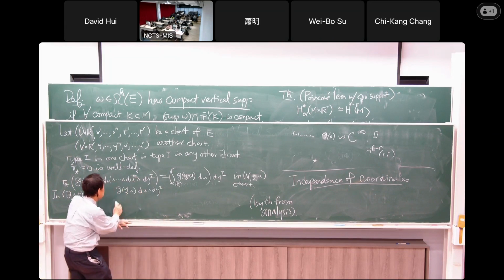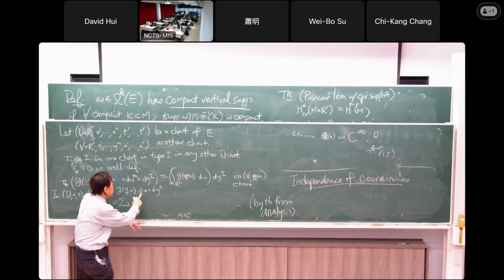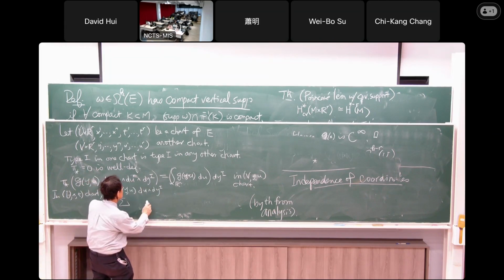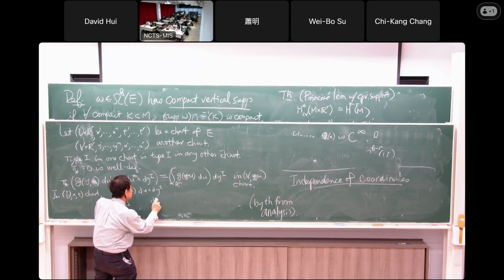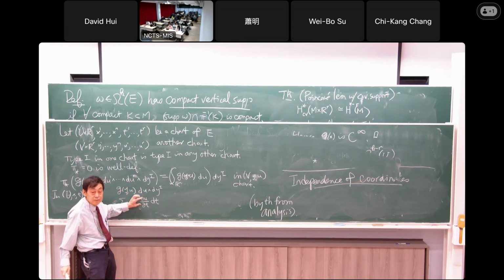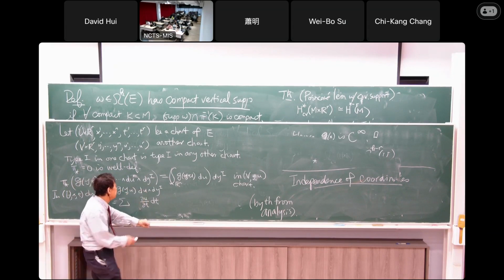So you can express it in terms of the x's and the du's. When you transform it to dt's, you get a determinant. This is a shorthand for the determinant of the matrix of partial derivatives of the u's with respect to t's.